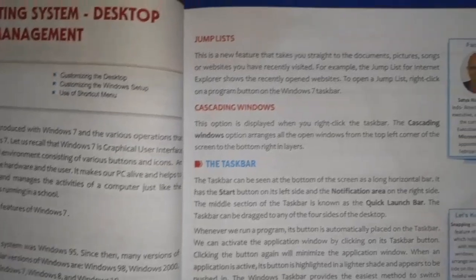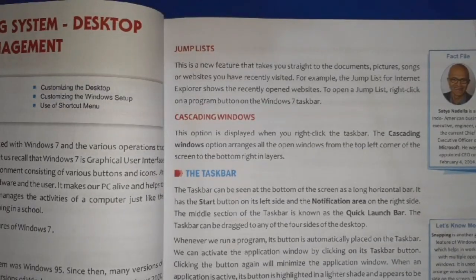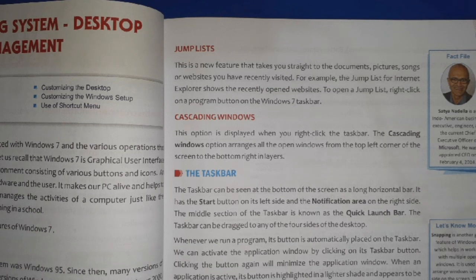Next is the jump lists, okay? What are jump lists? This is an additional feature that takes us straight away to the documents, songs, pictures, and websites that we have visited, right? Understood? Next is cascading windows.